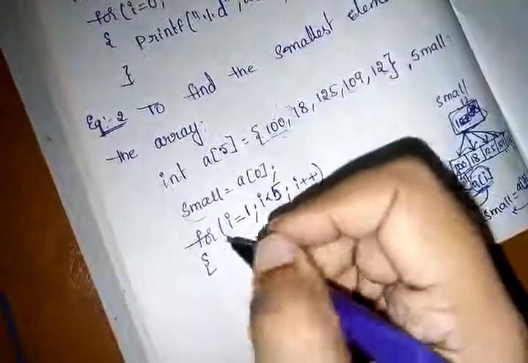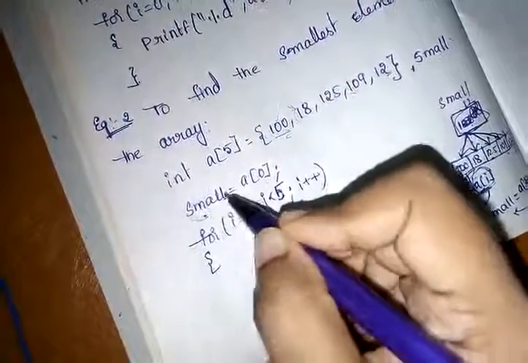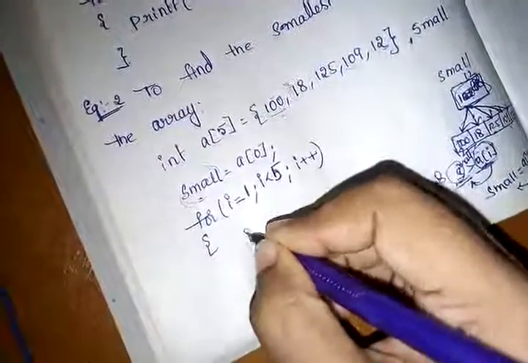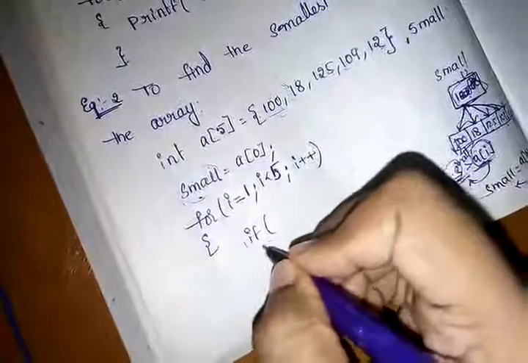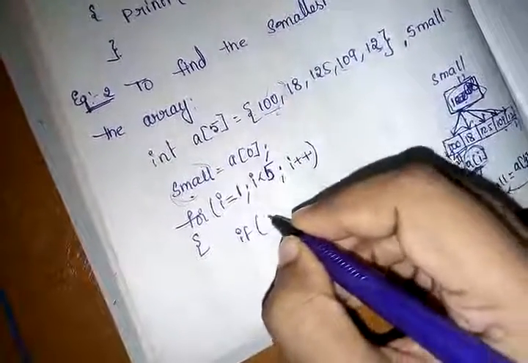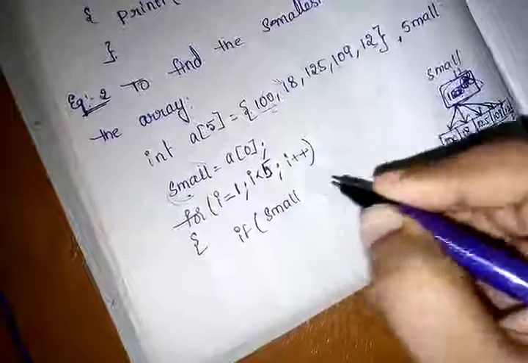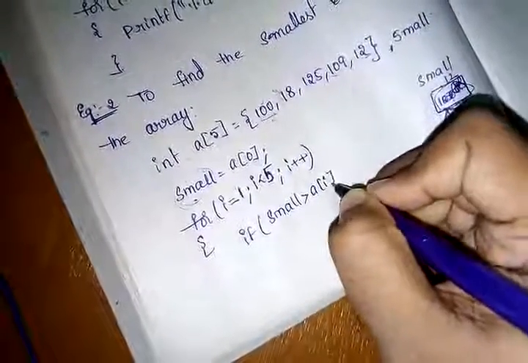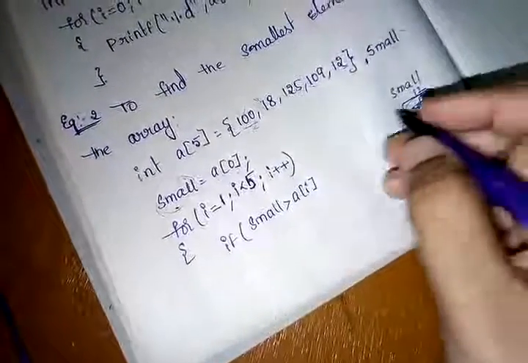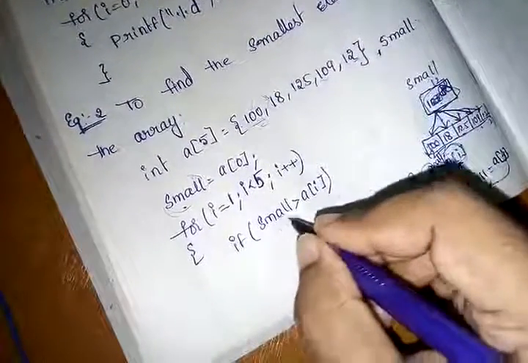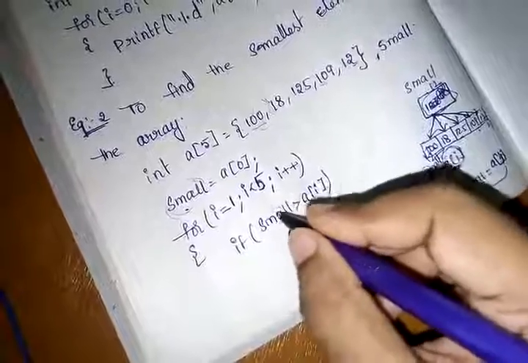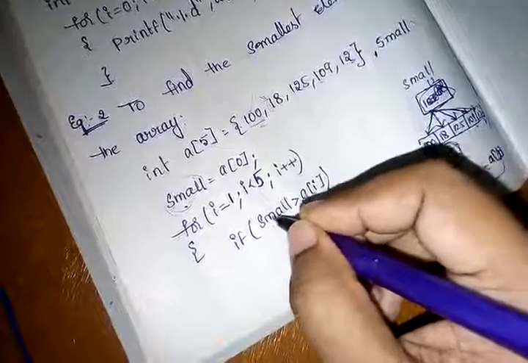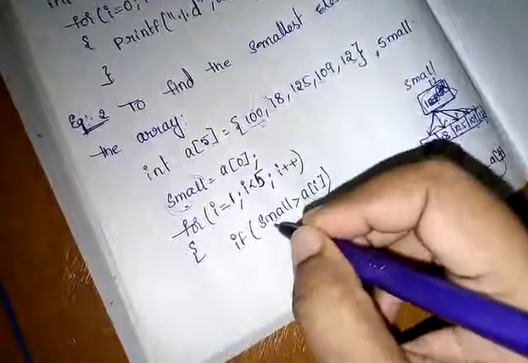What we have to do is compare the element in small with the remaining elements. So for comparison we use an if condition. So if small is greater than a of I, then this is the greater value and this is the smaller value, the array contains the smaller value, so we have to assign this array value into small.